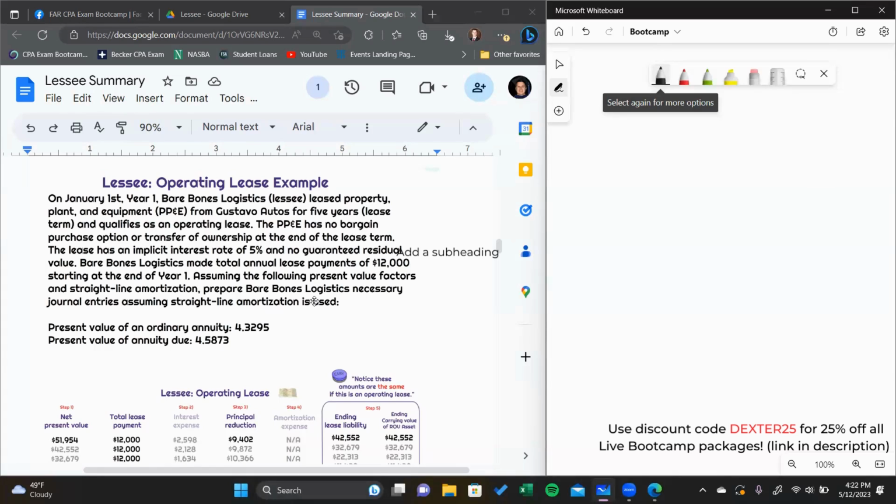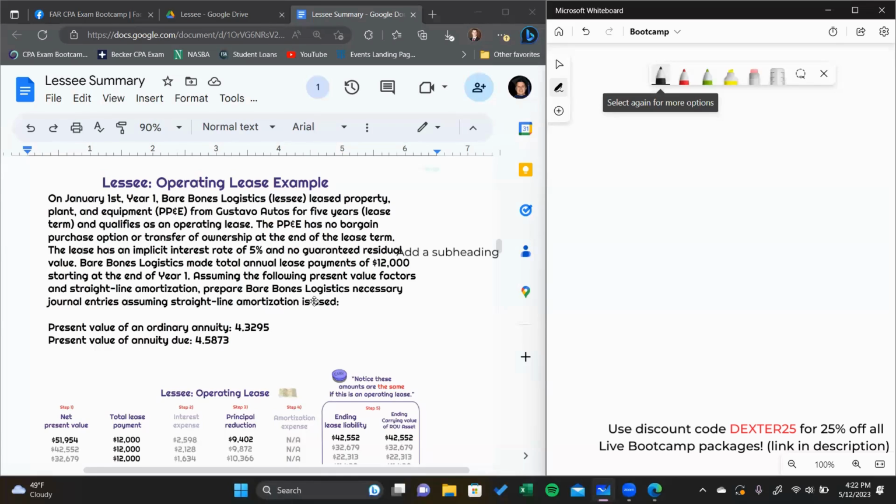So you need to be able to distinguish between the two types of annuities, but you also need to make sure you pick the correct interest rate because it's likely that they will give you present value factors for both the implicit rate and the incremental borrowing rate, right? So they're going to give you more present value factors than you need, which means you need to be able to pick the right ones, right?